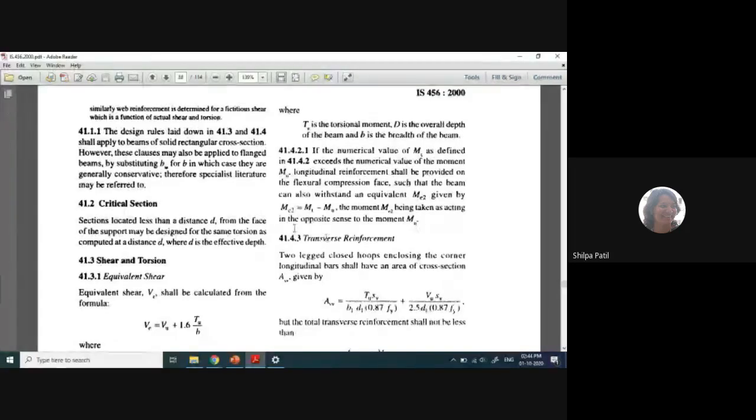So Me2 is calculated when Mt is greater than Mu, and to resist this Me2 moment, we need to provide some additional reinforcement in the compression face.